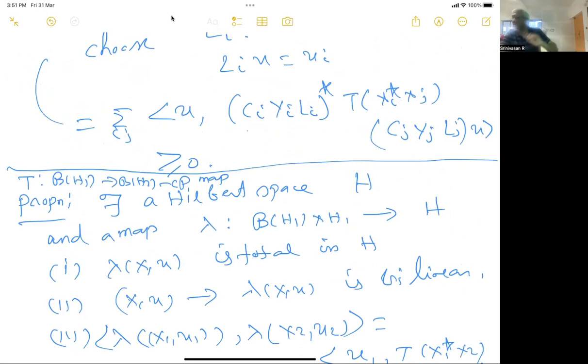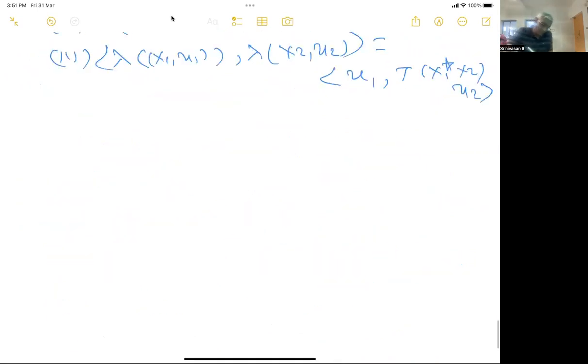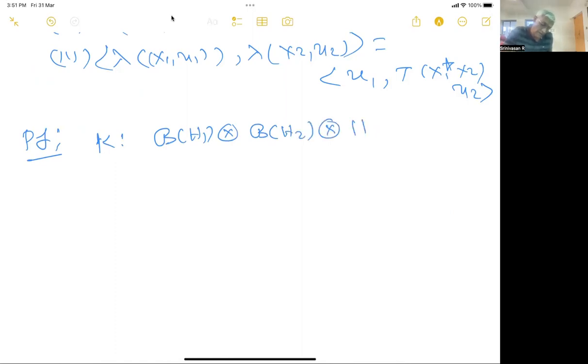It doesn't matter. The point is this proof. You define, so you get a Hilbert space. You have K from B of H1 tensor B of H2 tensor H1, I mean, this cross this.